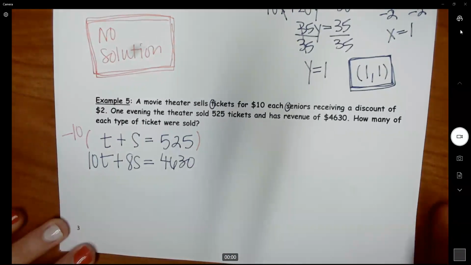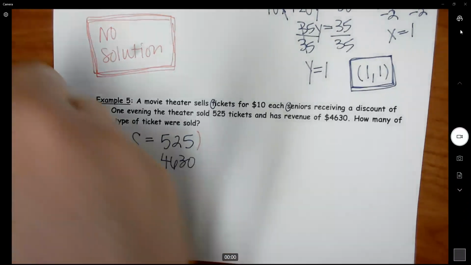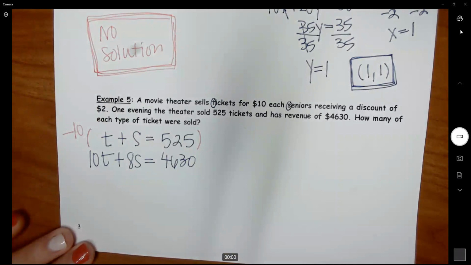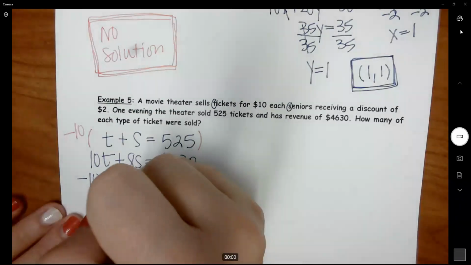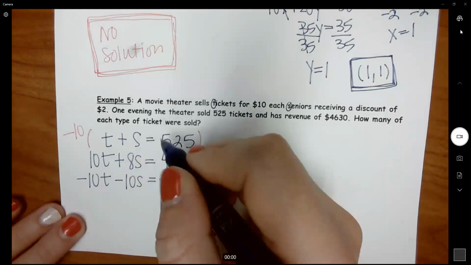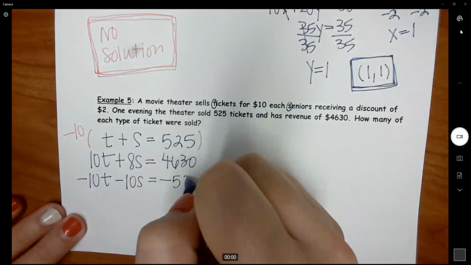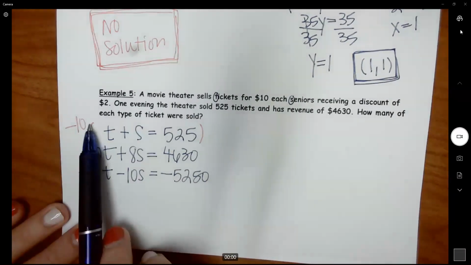Hopefully you said -10. You have to change that sign since they're both positive here. So my new equation is -10T minus 10S equals -5,250. We're multiplying all three terms.